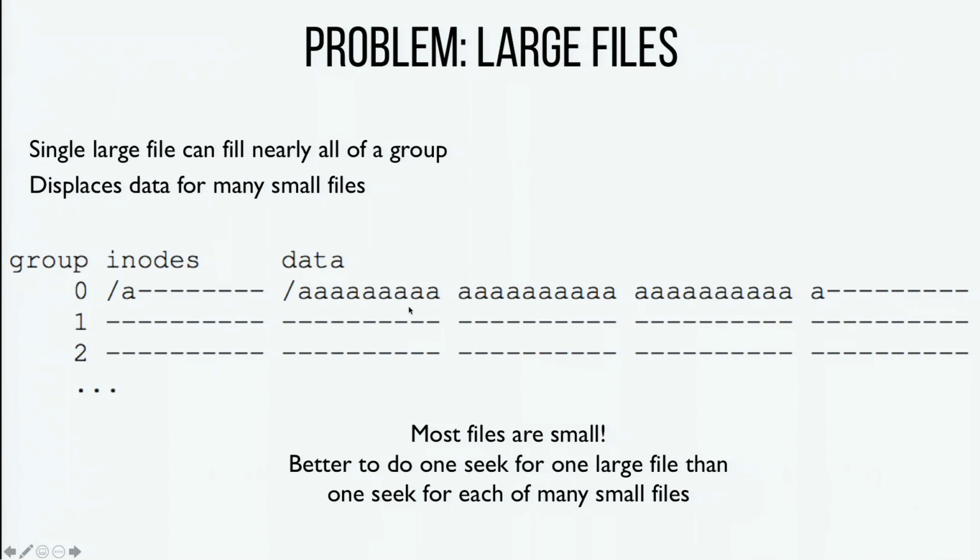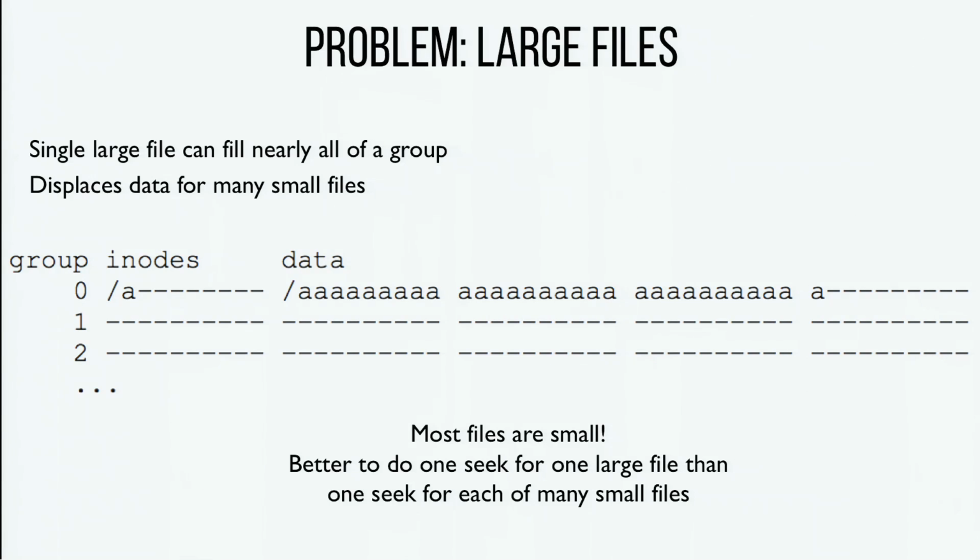But if that large file uses up all the data blocks in this group, then all of the other poor files that got stuck here, their data ends up being in a different group. So for every one of those, whenever we tried to read it, we always had to pay a seek, and it was a small file to begin with, so we're not able to amortize that seek over much useful work. That's why it's better to make the large file go to a bunch of different groups than make a lot of small files go to different groups. Great question.